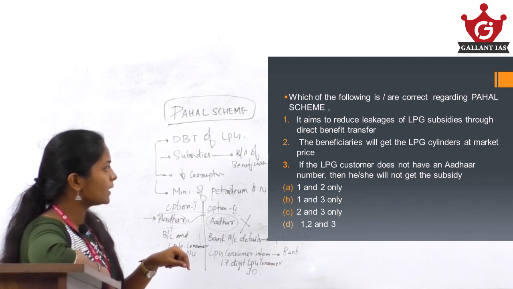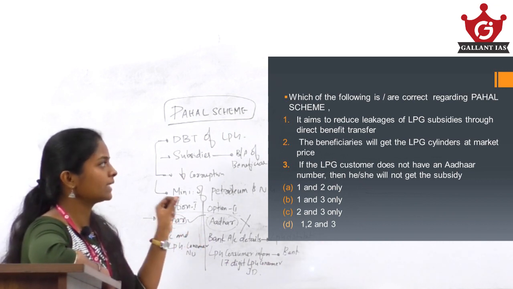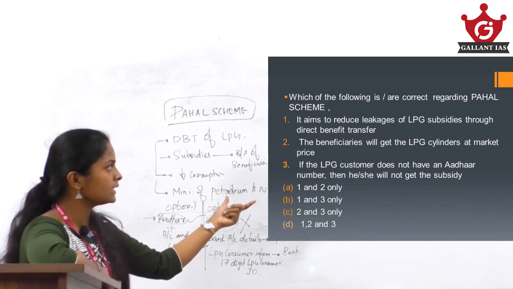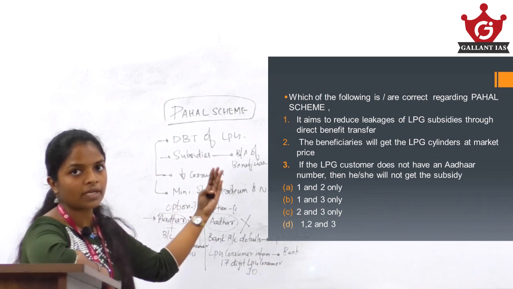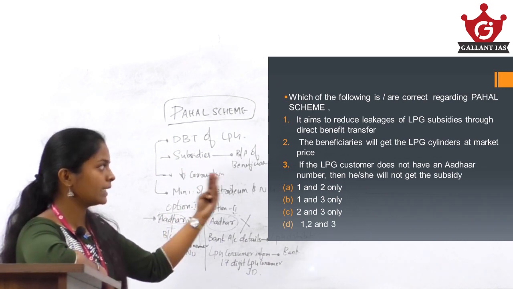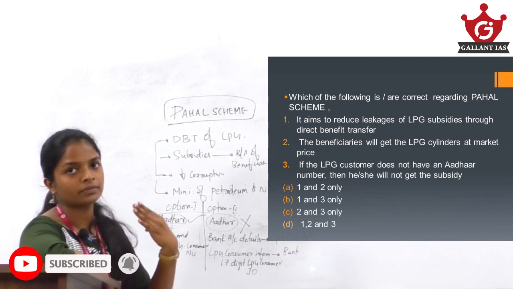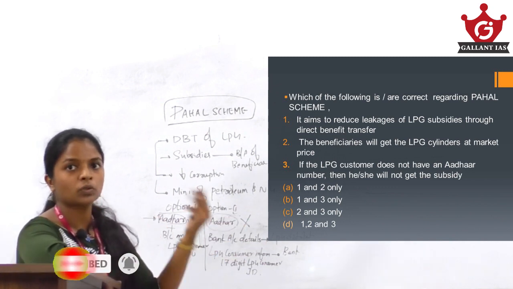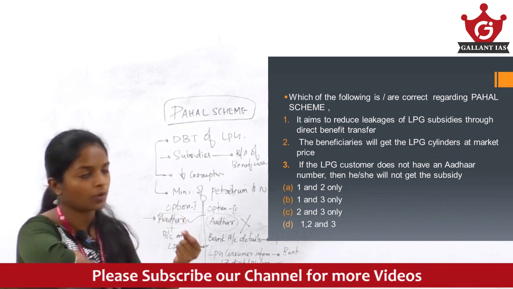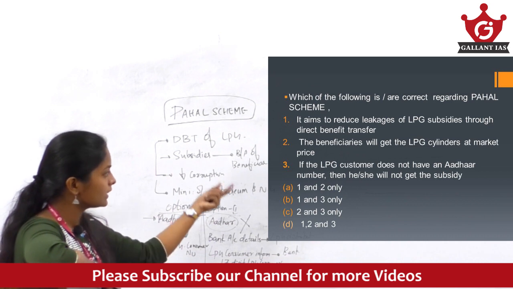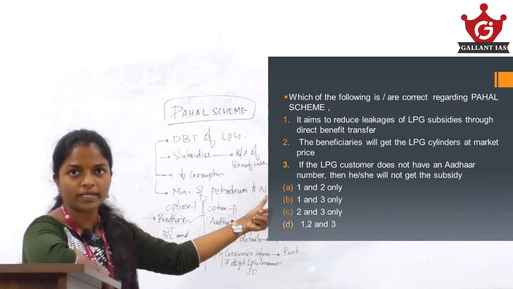But the third statement, that if the LPG customer does not have an Aadhaar number then he or she will not get the subsidy, is wrong, because even if the Aadhaar number is not available, the customer will get the benefits under the scheme through his or her bank account under the revamped version of the Pahal scheme. So we can eliminate the third statement and we get the answer, option A, 1 and 2 only. Okay, thank you.